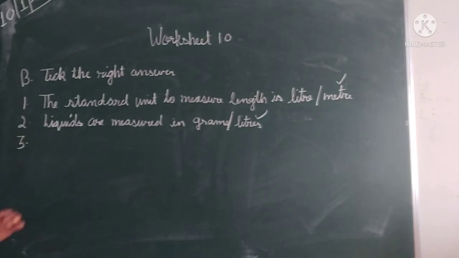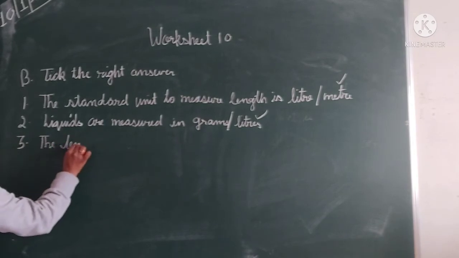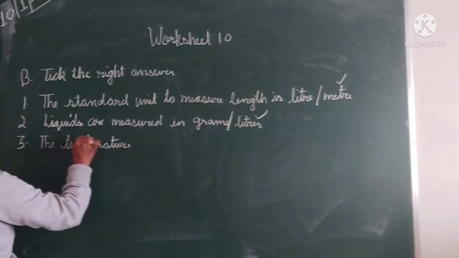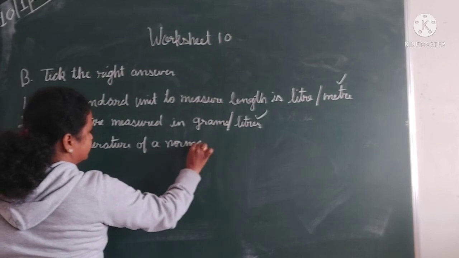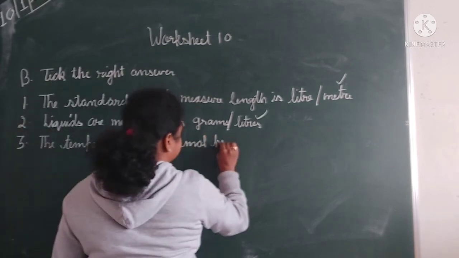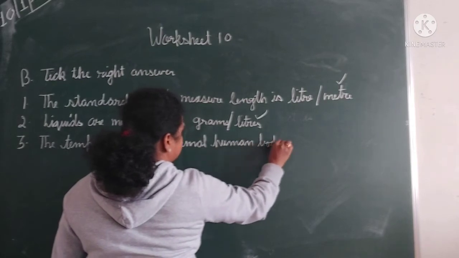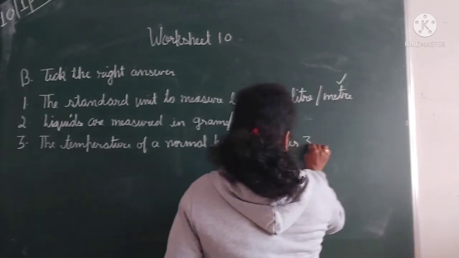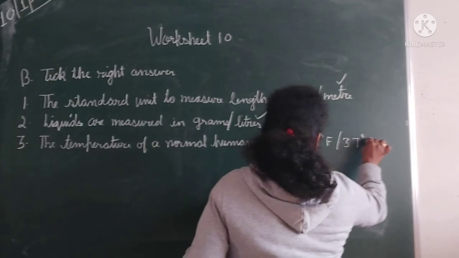Now third one, the temperature of a normal human body is 37 degree Fahrenheit or 37 degree Celsius.